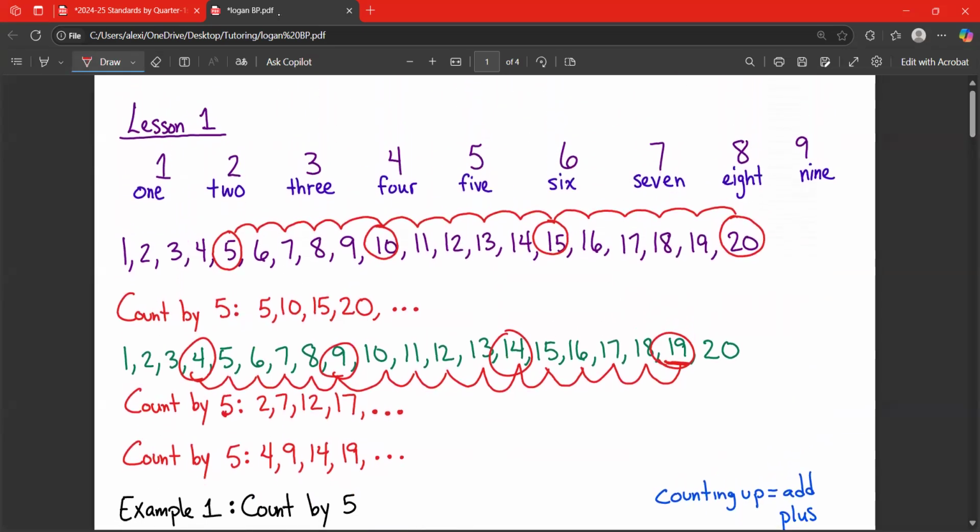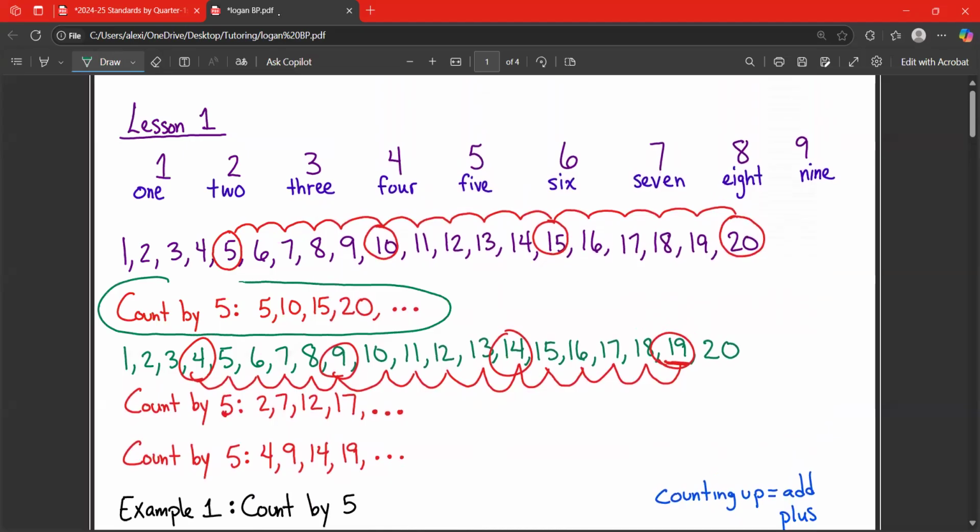All right, so lesson 1, we're talking about numbers, but in first grade, we gotta make sure we can count numbers forward and backwards by 5s and by 10s. Now, most first graders think counting by 5s just means 5, 10, 15, 20, 25, 30, 35, 40, etc. But sometimes you can actually start at a number that is not 5, and you have to be able to count by 5.